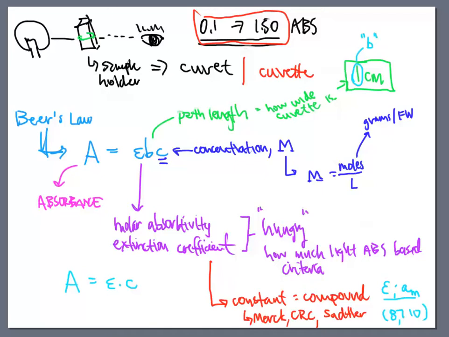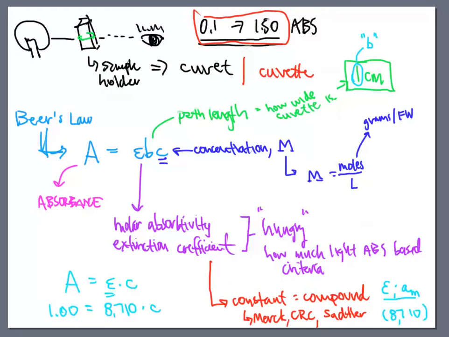And that means that I need to be using that number in this equation when I begin to solve for a concentration in order to make a solution to run it on the machine. Okay, so if I want a one absorbance equals molar absorptivity for that compound, 8,710 times C, which is my concentration.